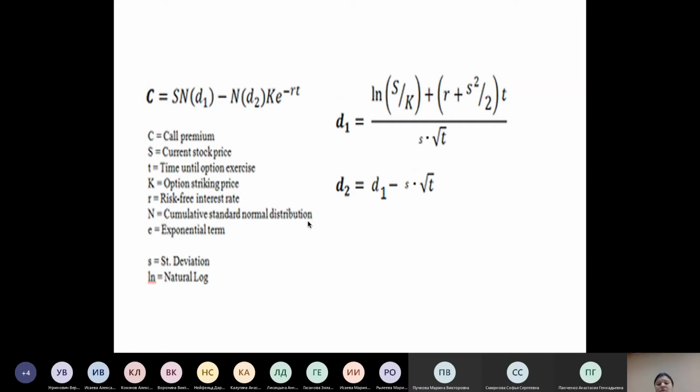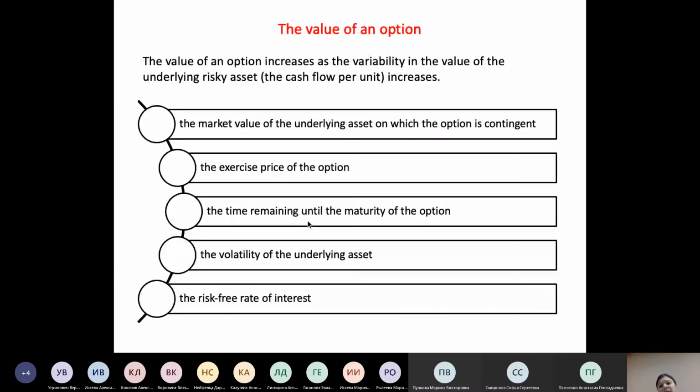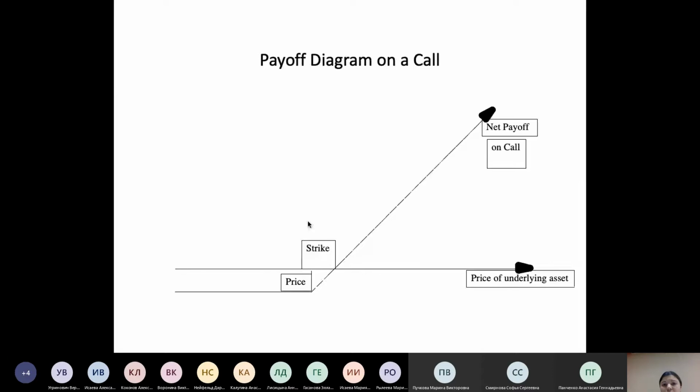For example, let's return to the graph: based on our call option, the market price will be higher compared with our strike price. In other words, our market conditions create the opportunity to realize an option.